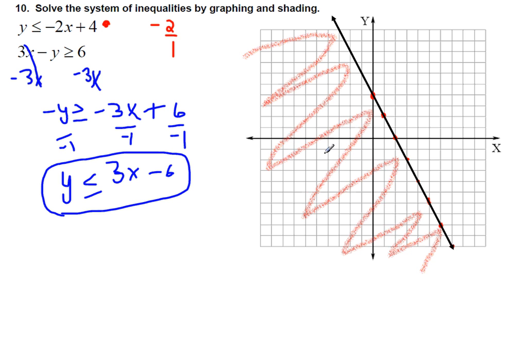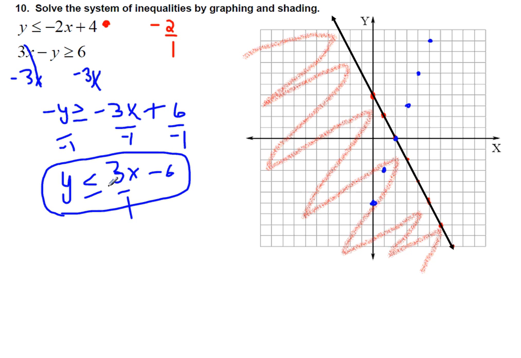So I'll start down at negative 6, right there. And I'm going up 3 over 1. So slope of positive 3, up 3 over 1. Oh, you can see where they cross. And let's see here, a dotted or a solid line.